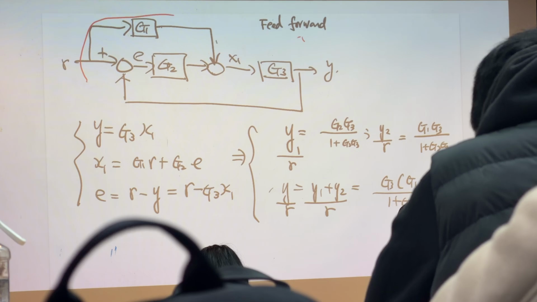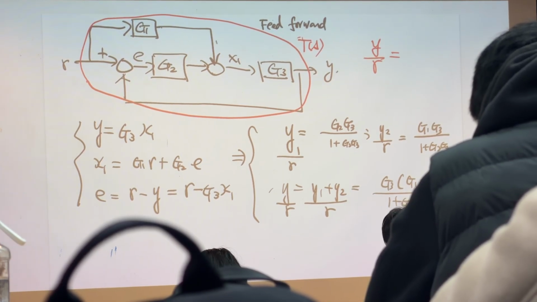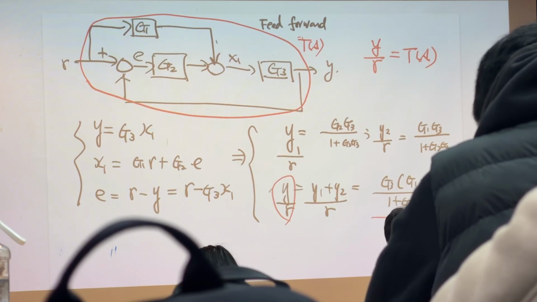We can put this together as TF, right? And so Y over R is TS here. And now Y over R is TS. Okay?